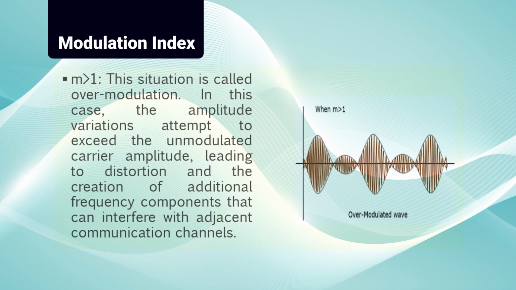This situation is called overmodulation. In this case, the amplitude variation attempts to exceed the unmodulated carrier amplitude, which leads to distortion and the creation of additional frequency components that can interfere with adjacent communication channels. This figure represents the waveform of an overmodulated wave.